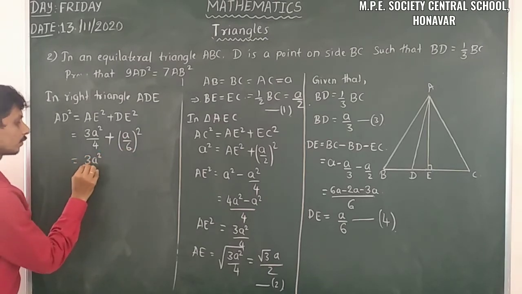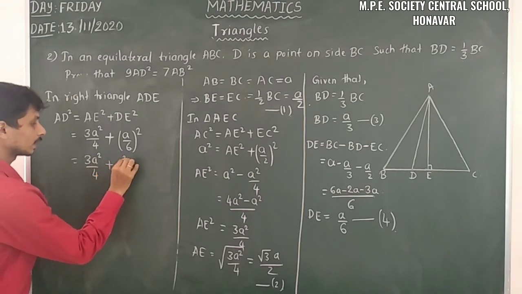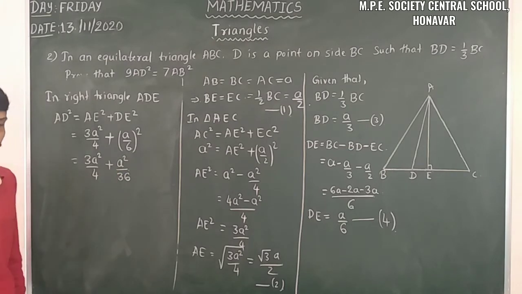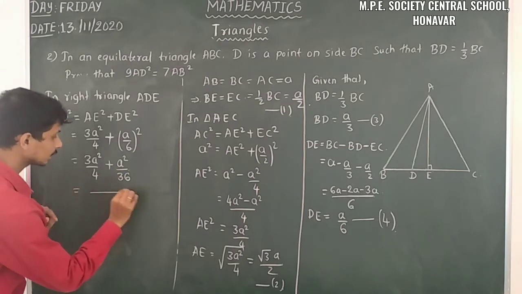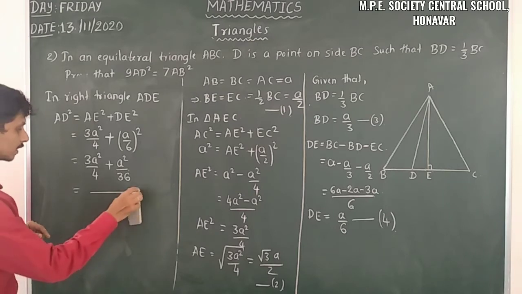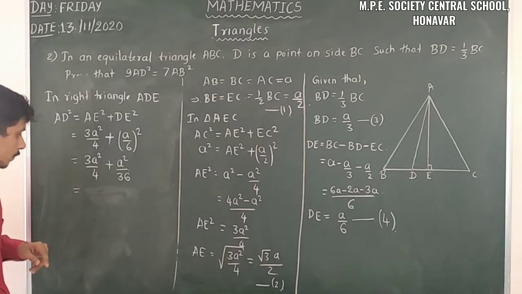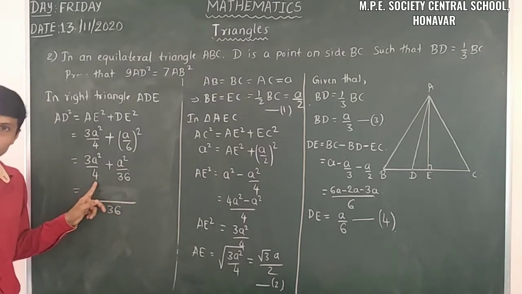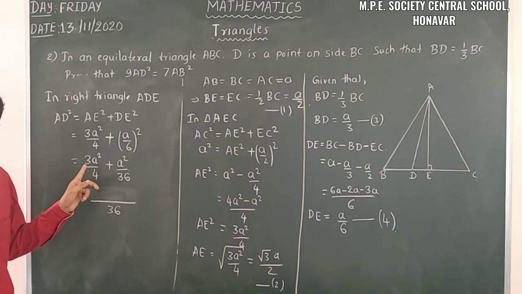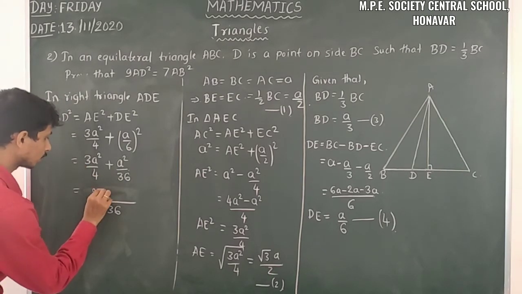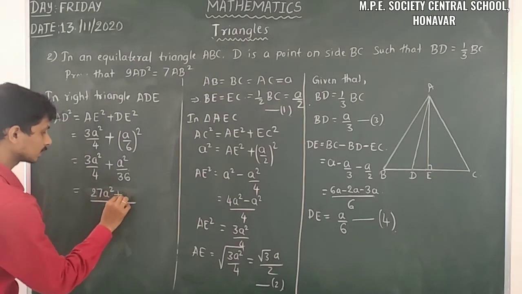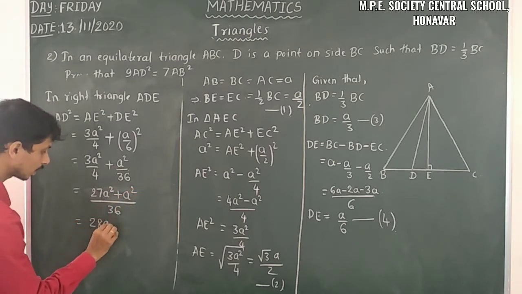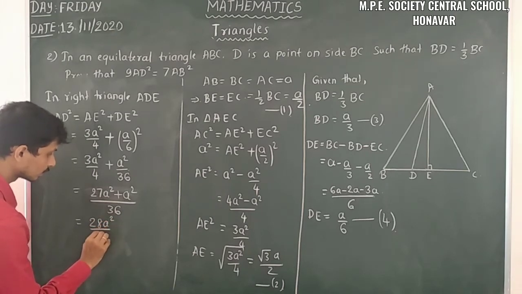3a square divided by 4 plus a square by 36. Let us take the LCM of the denominators. What is the LCM of the denominators here? 36 is the LCM, so 4 into 9, and 3 into 9 is 27. 27a square plus a square divided by 36 is equal to 28a square divided by 36.